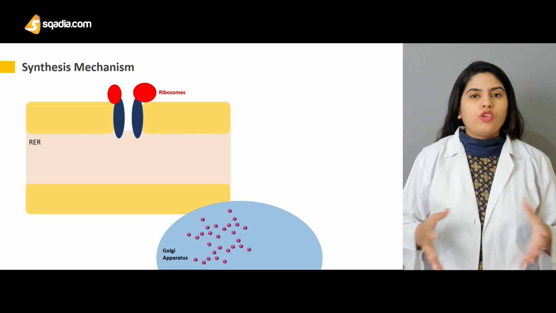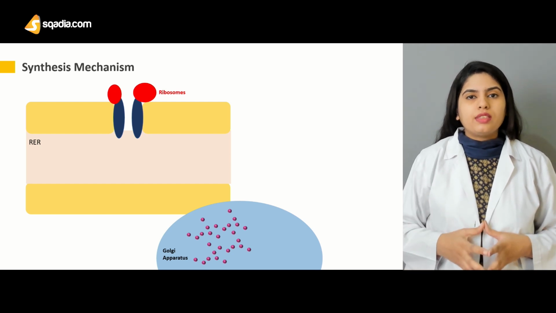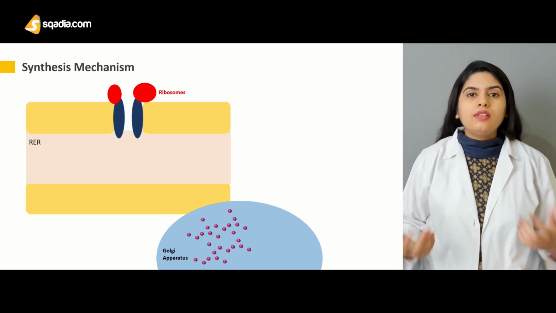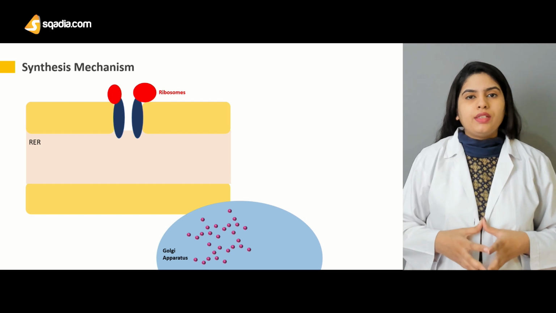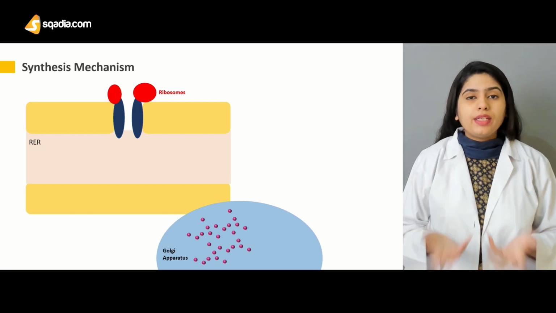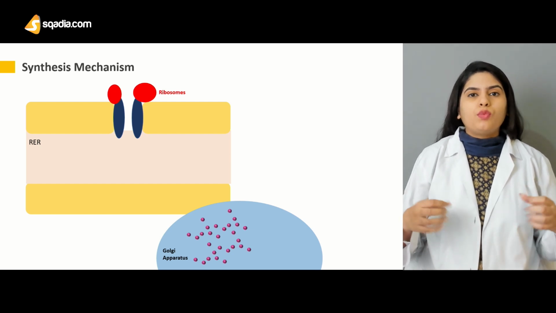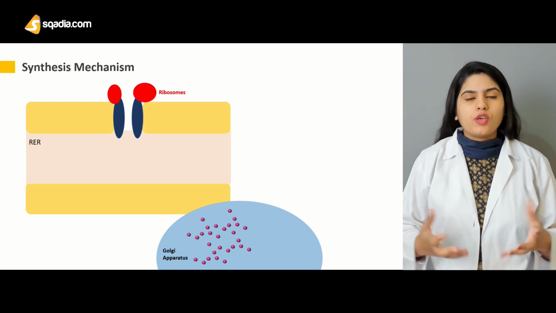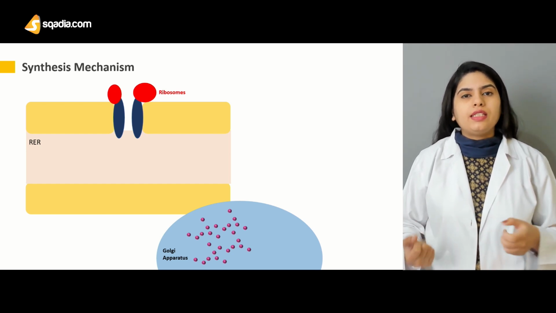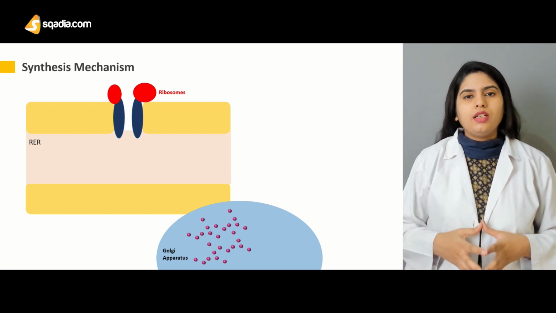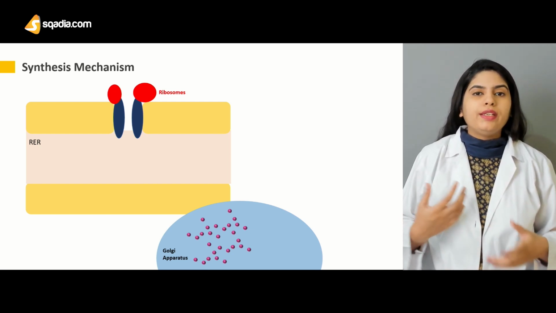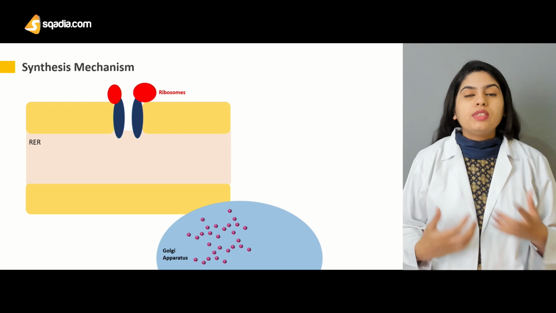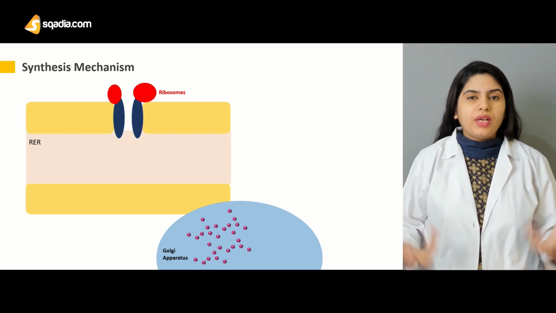Whenever there is any stimulus, like a high level of glucose, a high level of amino acids in the blood, or the presence of fatty acids, all of these stimuli trigger the release of these granules. The insulin is then released into the blood, and it performs its role in decreasing the blood glucose level, increasing lipogenesis, and increasing the utilization of glucose in the muscles.